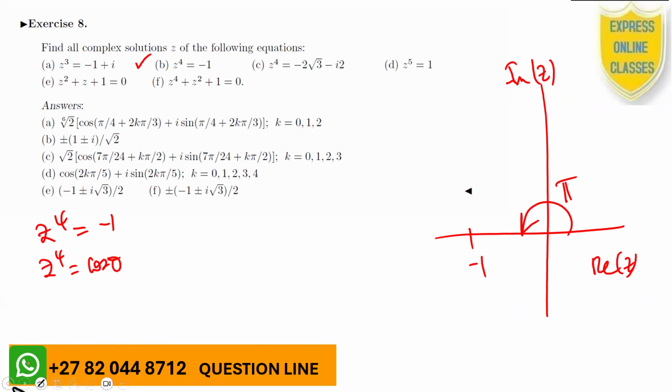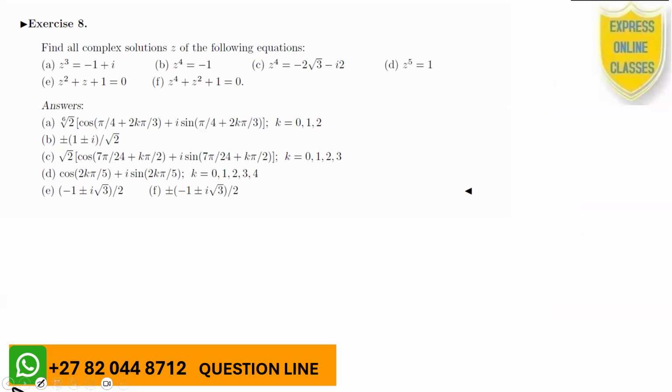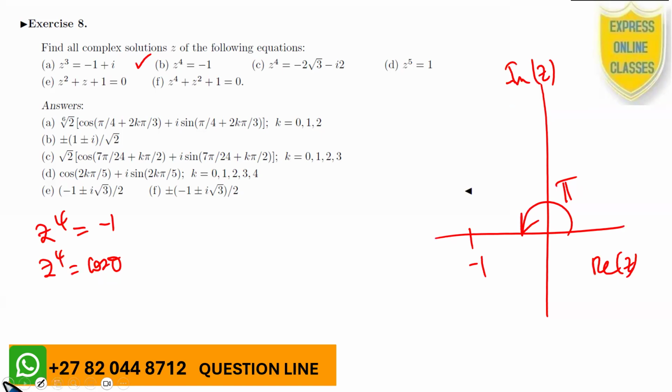So every complex number, the minus 1 can also always be written as what? Cosine theta plus i sine theta.